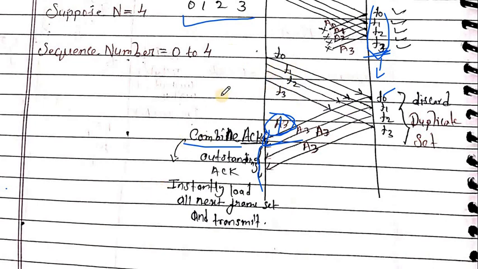Because of the A3 acknowledgement, the transmitter concludes that all frames up to A3 are already received. Now the receiver needs the next frames.